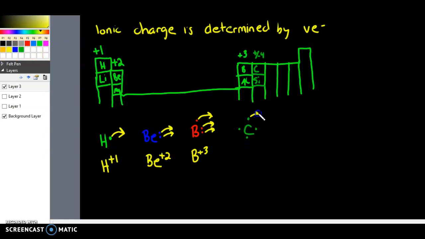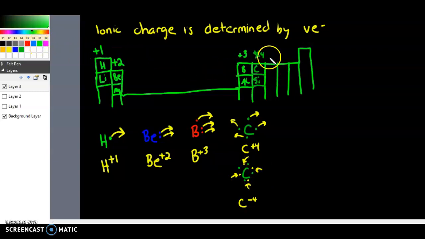Either it can give those 4 away, and then it becomes carbon +4, or, because it's just this transition point, it can take on 4 more electrons to get its octet. Instead of 8, bring on 4 more electrons, and then I get a carbon -4. 4 more negative charges gives me a carbon -4 for a charge.